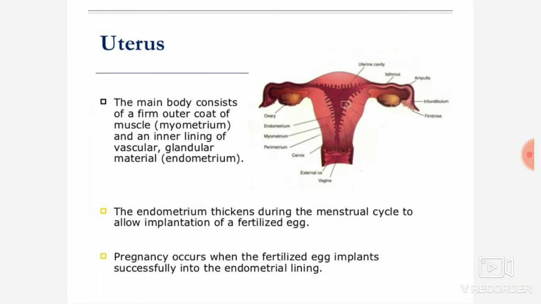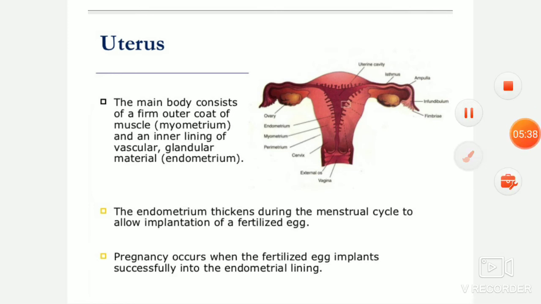Now about the uterus. The main body consists of a firm outer coat of muscles and an inner lining of vascular glandular material, that is the endometrium. The endometrium thickens during the menstrual cycle and allows implantation of a fertilized egg. So whenever there is release of an egg, the uterus starts preparing itself to receive the fertilized egg.